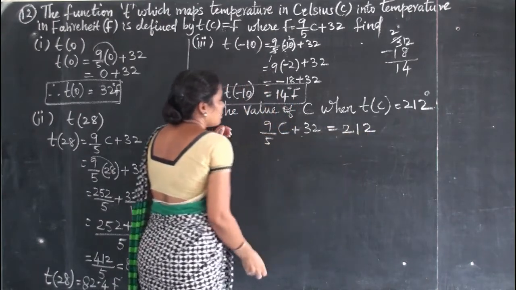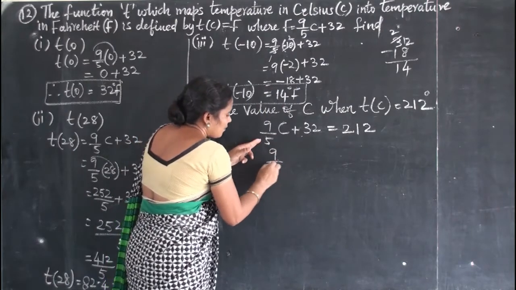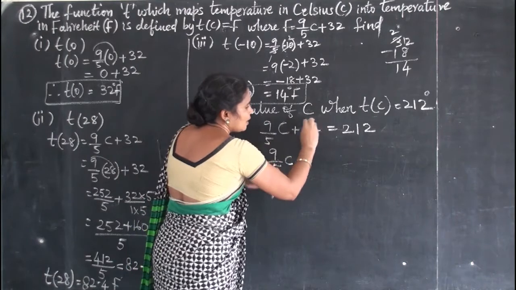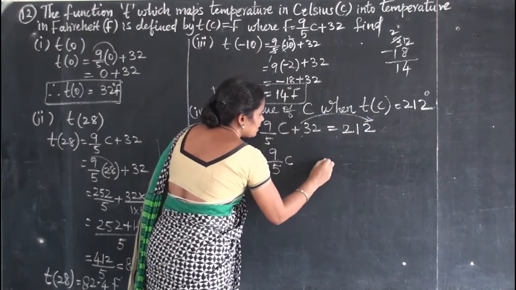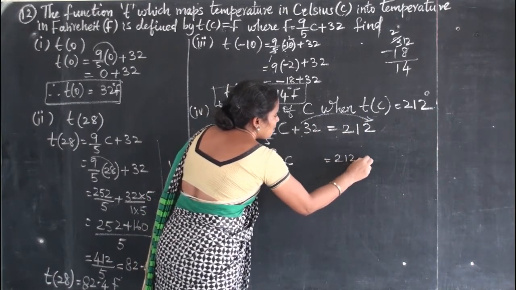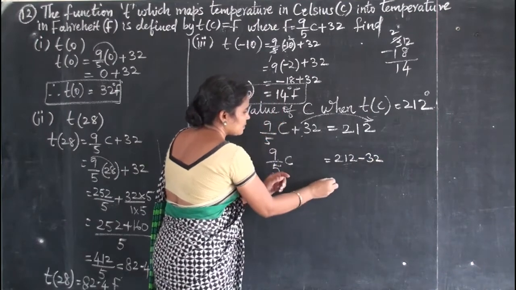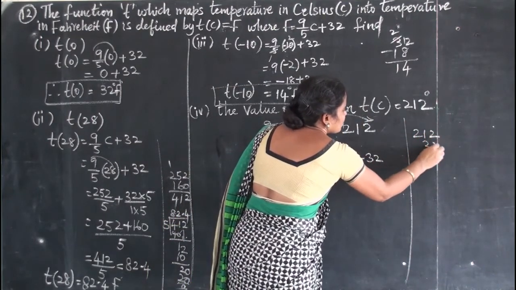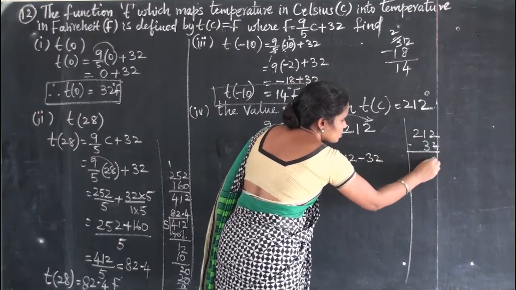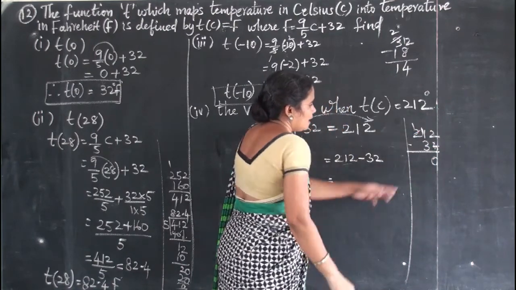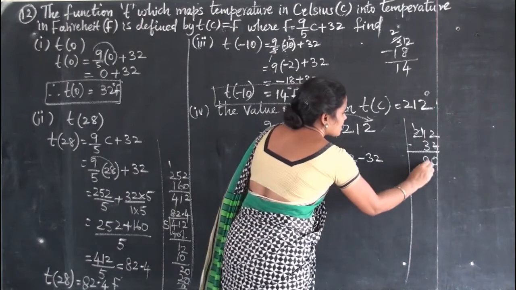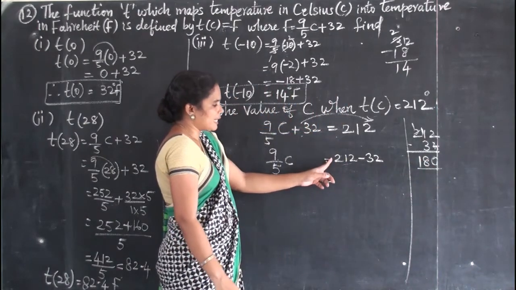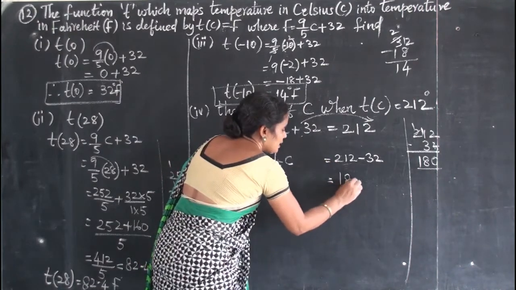Now 32 goes to the right side. So 212 minus 32. 2 minus 2 is 0, and 11 minus 3 is 8, so 180. Here 212 is greater, so write plus 180 degrees.